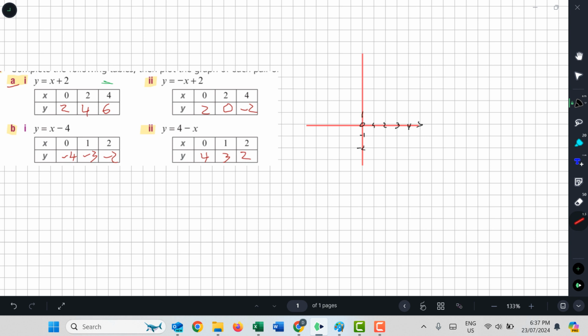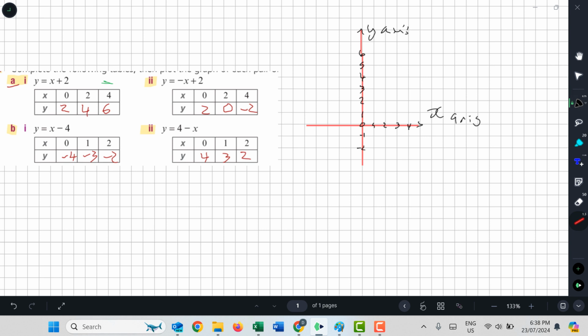And we've got 1, 2, 3, 4, 5, 6. Okay, that's alright. I know it's right at the end of my graph, but we're okay. Okay, so that is my y-axis. This is my x-axis.